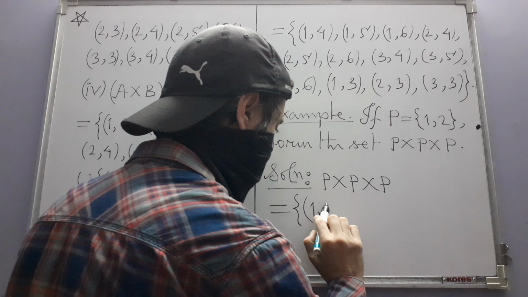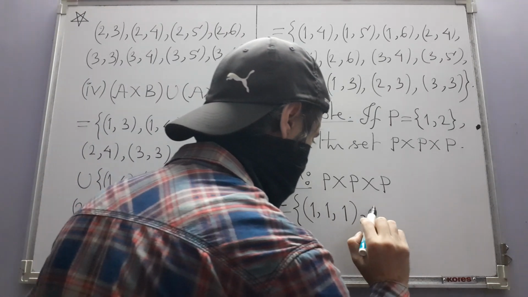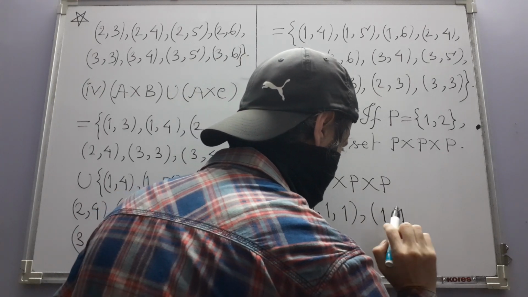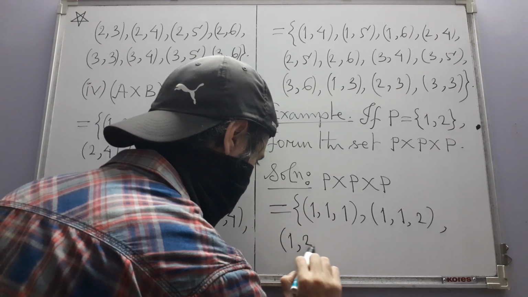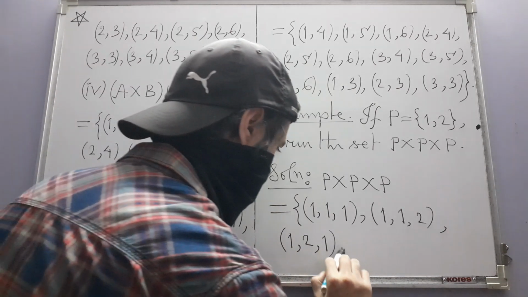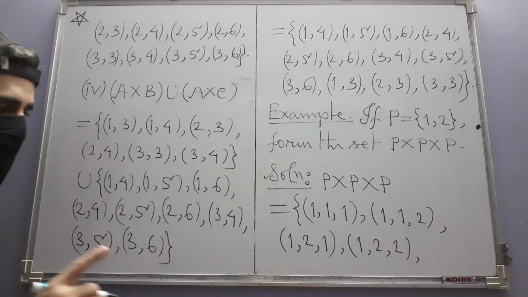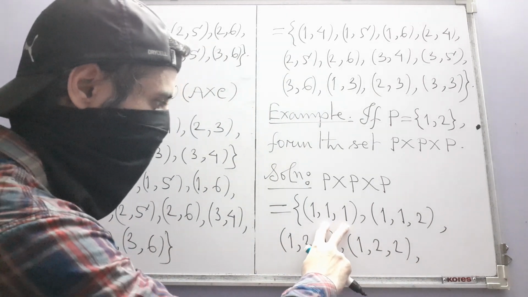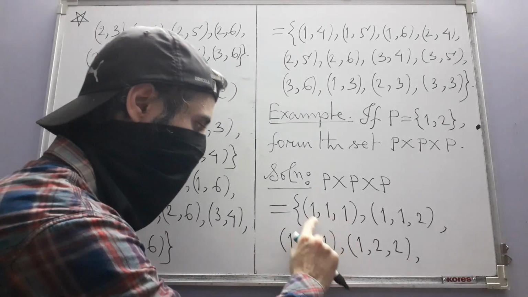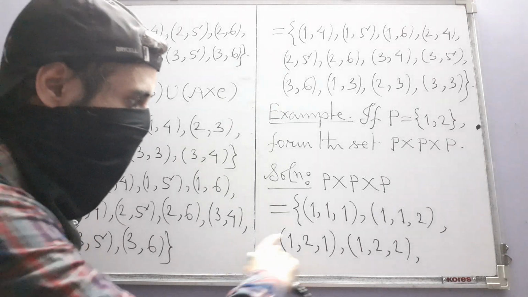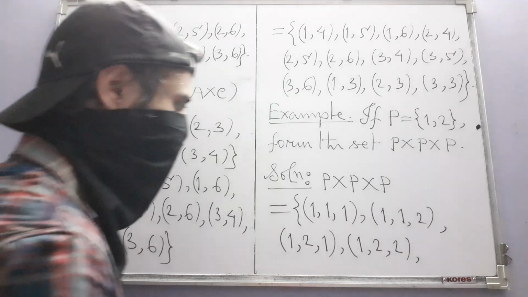Now the second and third components can also be 1, or the second can be 1 and the third can be 2, or we may have 2 1, or 2 2. So these are all the possibilities for the second and third components, keeping the first component 1. Next, you repeat all these things but with 2 in place of the first one.